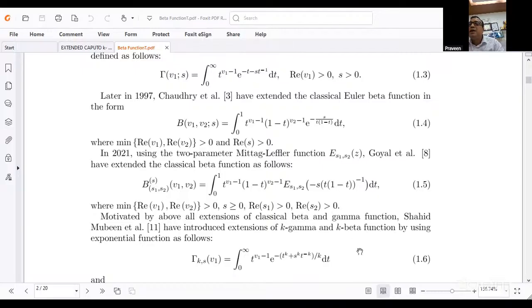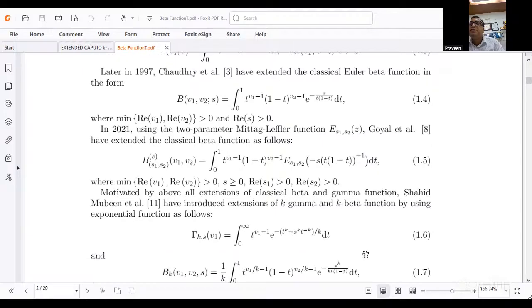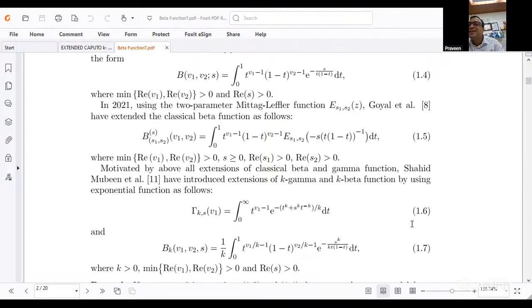Motivated by all the above extensions of the classical beta and gamma functions, Shahid Mubeen from Pakistan introduced the extension of the k gamma and k beta functions by using the exponential function, which is given by equations 1.6 and 1.7. Here you can see that they have used the k beta function and made some modification in the gamma function definition and the beta function definition by introducing the exponential function inside the kernel.